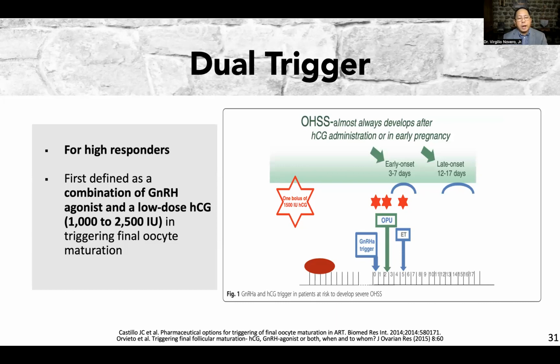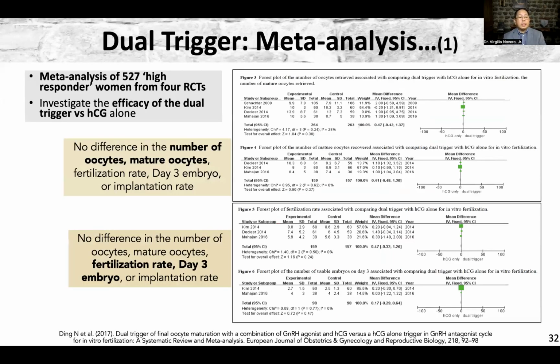This is first defined as a combination of your GnRH agonist and a low-dose HCG of around 1,000 to 2,500 international units when you try to trigger. In a meta-analysis by Ding, using 527 high responder women coming from 4 RCTs, they were trying to compare the efficacy of dual trigger compared to HCG alone.